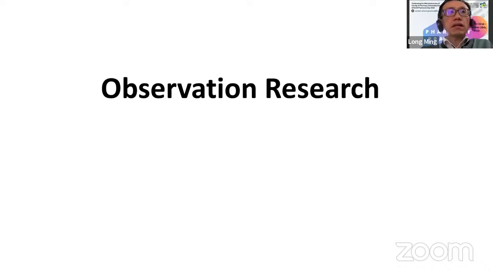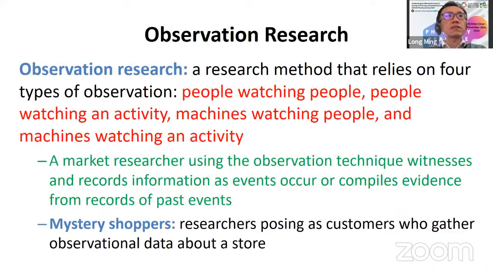But what would the researcher do during observational research? Let's explore together. Okay, it's a research method that relies on 4 types of observation. The first one, people watching people. It's quite odd, a human watching, observing a human.